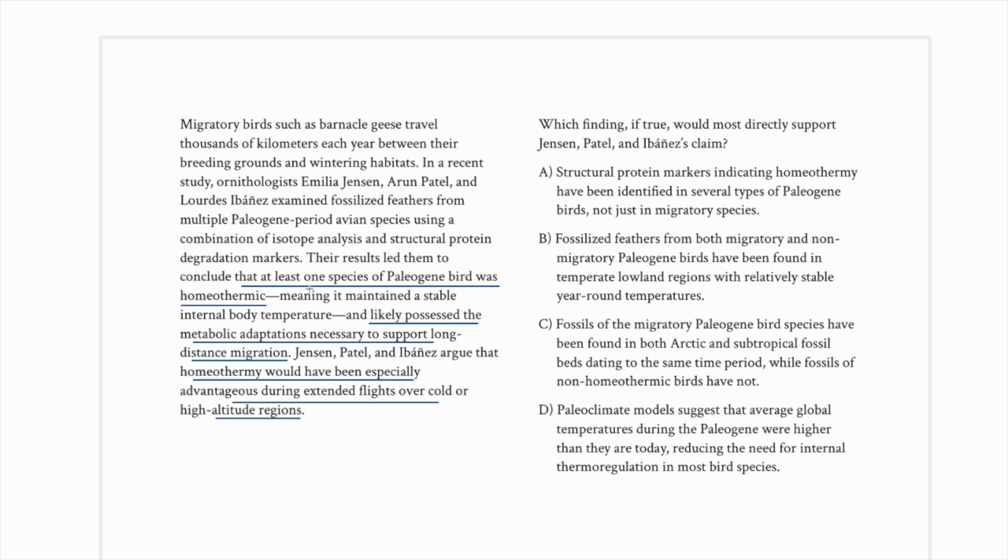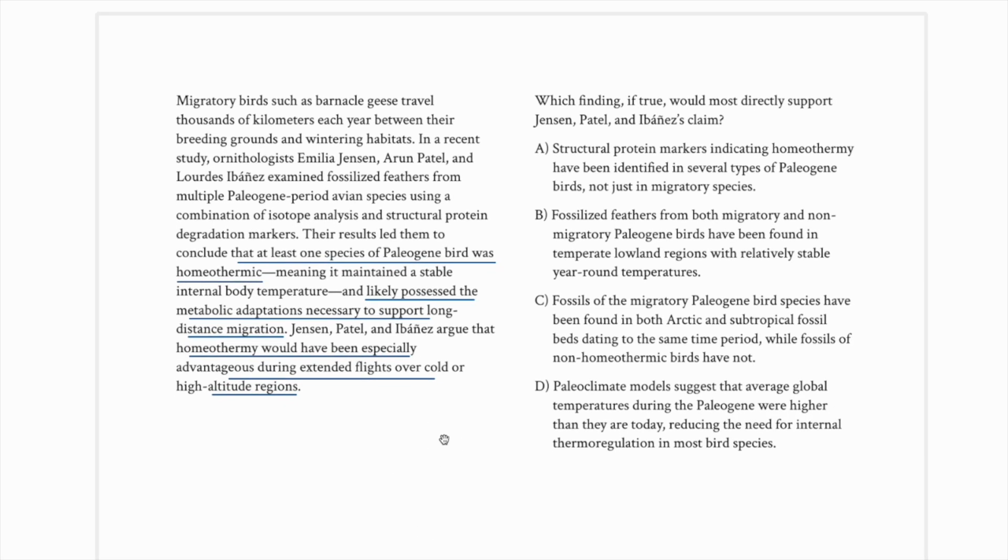What evidence do we have to support this claim within the passage? None, right? It just says that they performed an analysis. It doesn't say anything about the results of that analysis. So what we want to do here is think about what kind of result would support this claim.